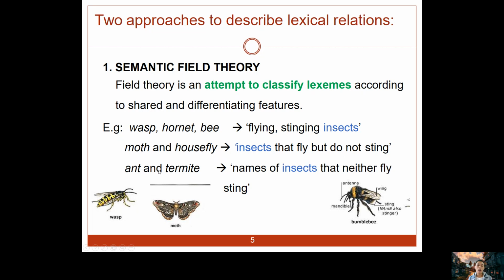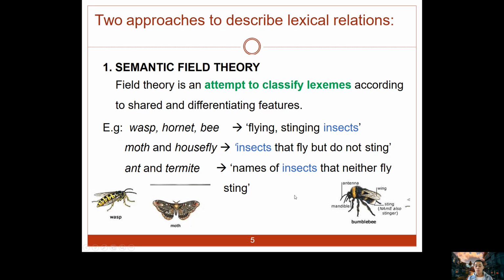But how about ant or termite? These are names of insects that neither fly nor sting. So this is field theory, which classifies lexemes according to the features of the object, for example the animals, as I told you before.